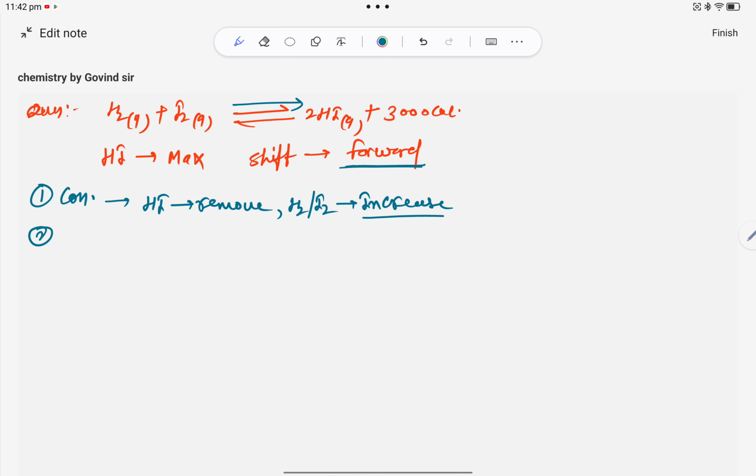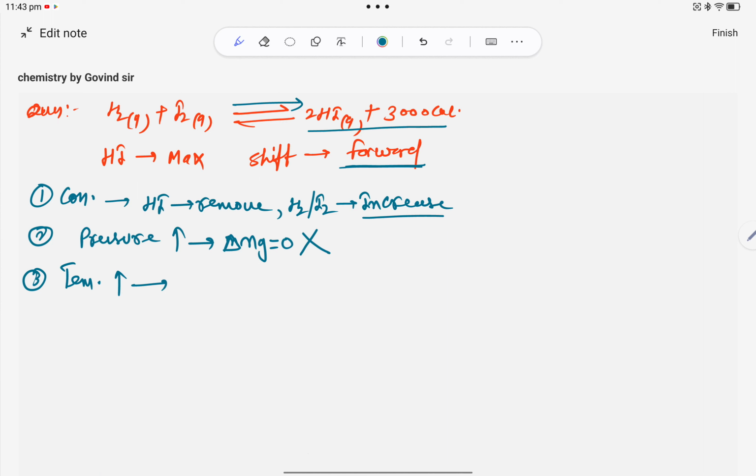What is the second point? Pressure. If you increase the pressure, then here delta Ng is 0. That means no effect of pressure. Number 3, temperature. If you increase the temperature, then the reaction will proceed in which direction?